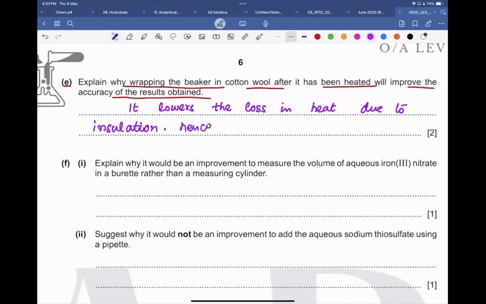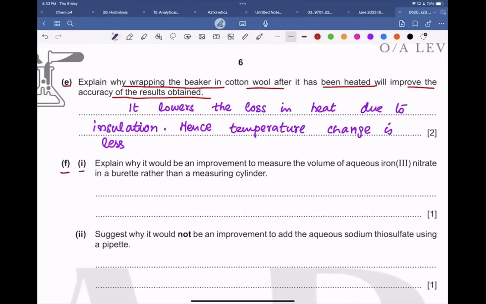Hence, temperature change would be less. And as a result, it becomes more accurate. Yes, very good, Amal and Khatija.